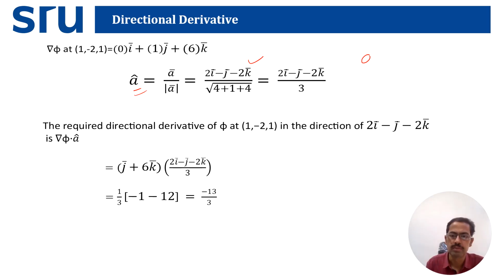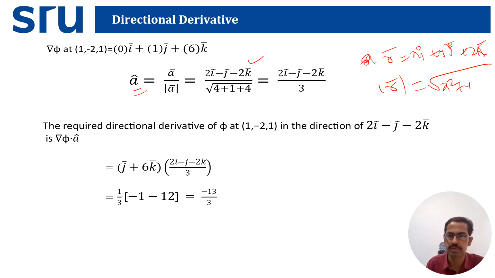Magnitude means, suppose r bar is equal to xi bar plus yj bar plus zk bar, then the magnitude is the square root of x squared plus y squared plus z squared. Similarly here, 2 squared plus minus 1 squared plus minus 2 squared: 4 plus 1 plus 4 is 9, so the magnitude is 3. So this is a cap.